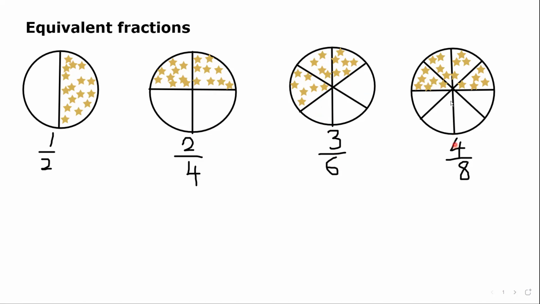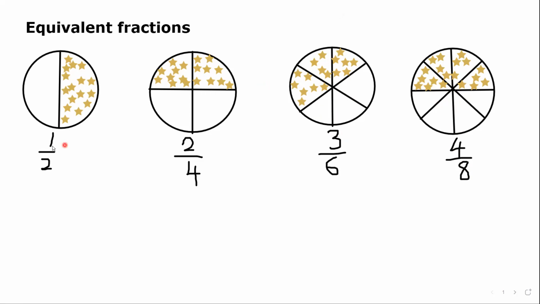And then looking at the fourth orange here, it is divided into 8 equal parts, and 4 out of the 8 has been taken out. The remaining one also represents the half, because when you have 8 and you take 4, it means half has been taken.